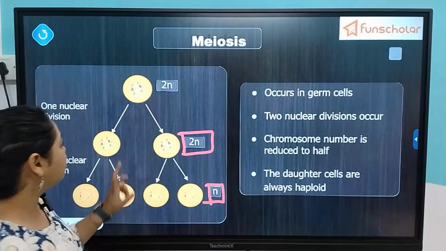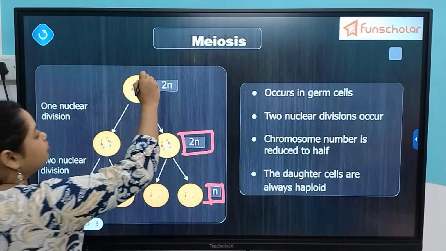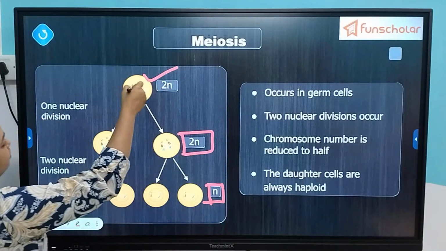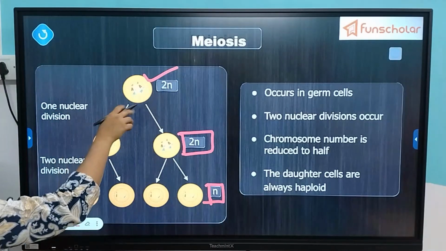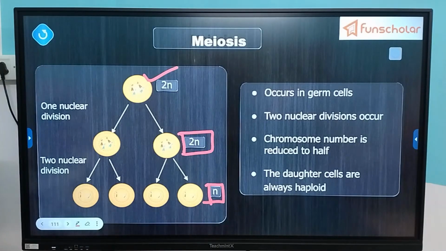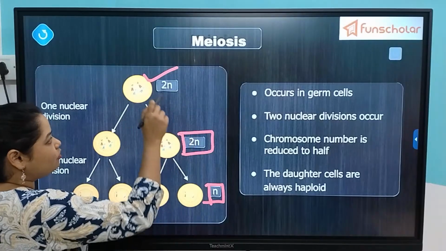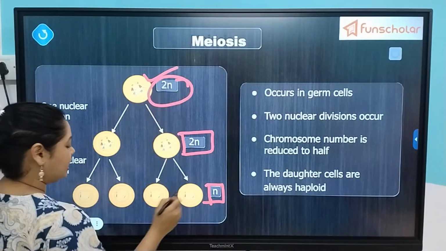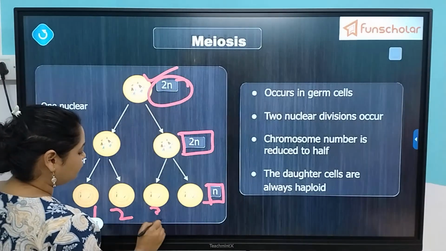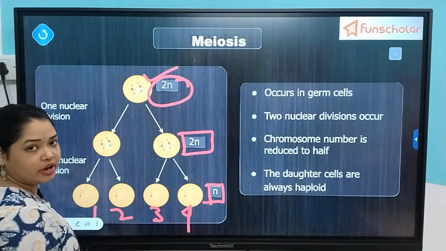But in the case of meiosis, from the diploid cell, first it will get converted into another type of cell which can undergo nuclear division and give rise to haploid cells. Then they will divide to form two daughter cells each. So from one diploid cell, we can get 1, 2, 3, 4 haploid cells.